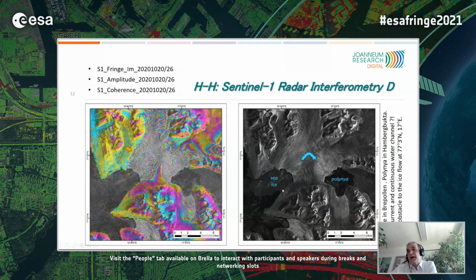west, and the area of open water or polynya in the Hamburgbukta here, which may indicate the presence of the subglacial current here eastwards from the Brepollen, connecting Brepollen to the Hamburgbukta.